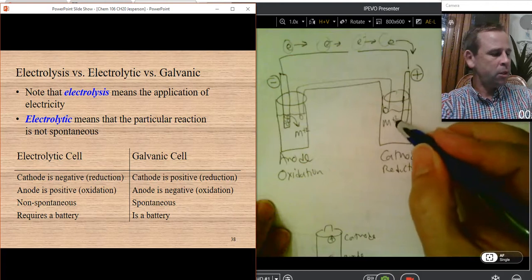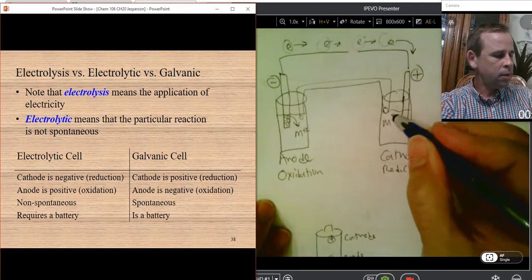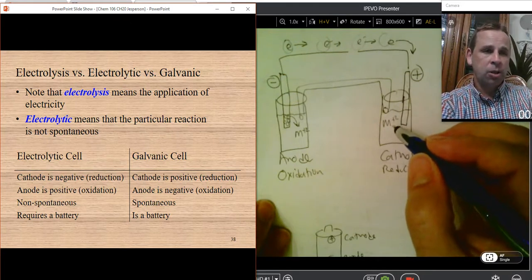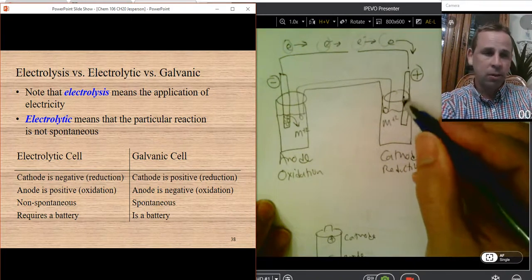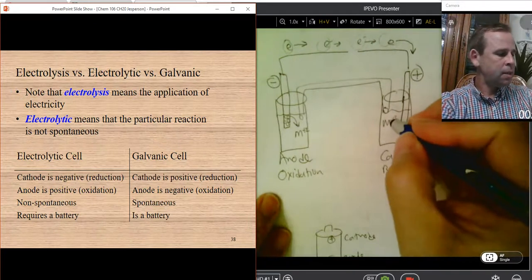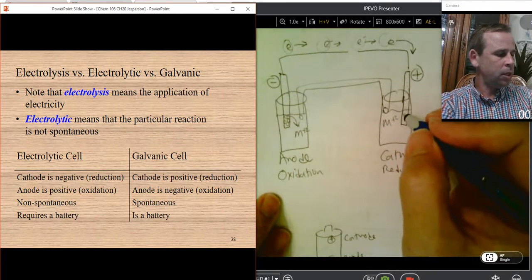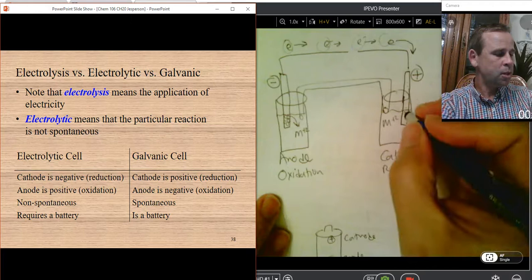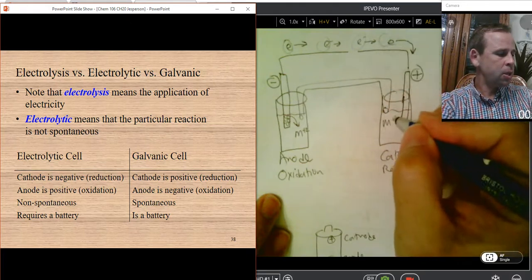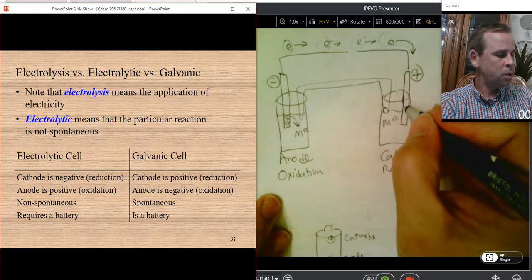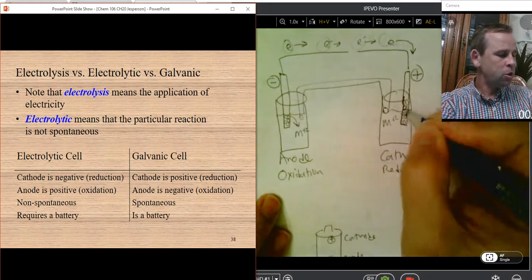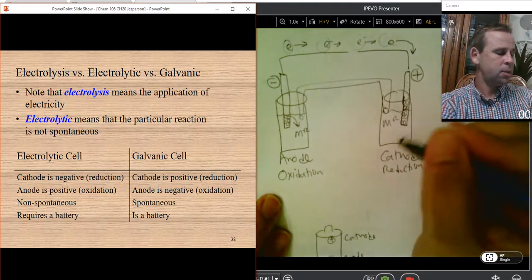So what we would have to be doing here is taking these ions and giving them electrons, so that it would form the metallic material here. Nope, sorry, that's not right. Because here, the ions are coming and getting electrons. So what we're doing here is taking this metallic metal and taking its electrons away from it and making the ions. That's what we're doing there.